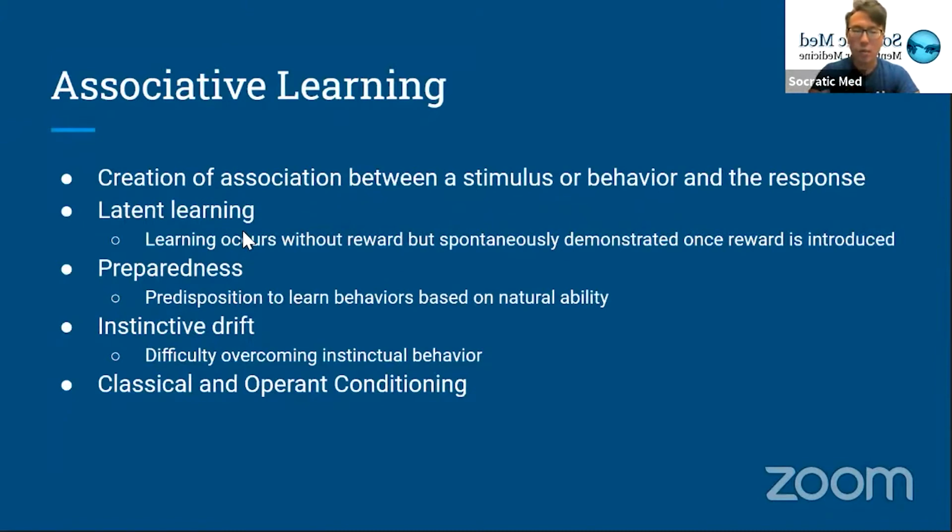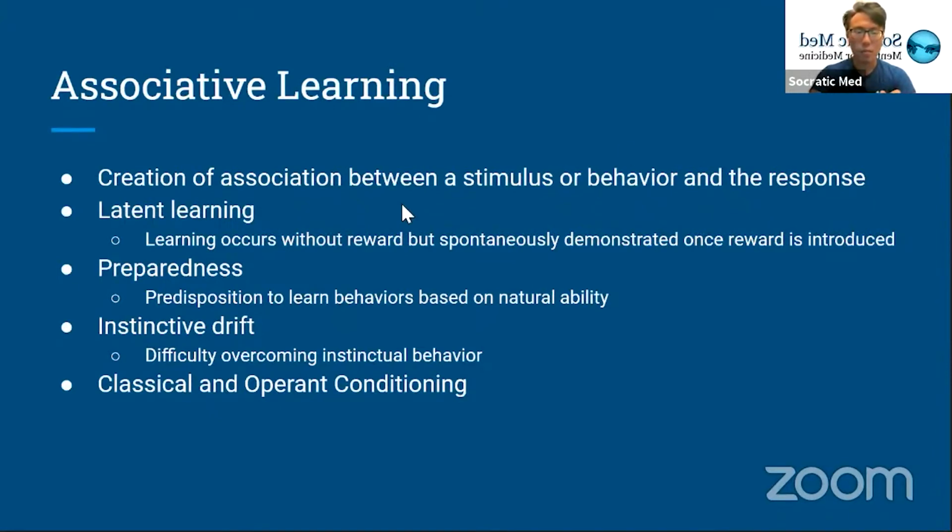That's when you learn without a reward being given, but you can spontaneously demonstrate the behavior after a reward is presented. You unconsciously learn a specific behavior, and it's not something you would normally do, but after you're presented with a reward, you spontaneously demonstrate it because you unconsciously learned it in the past.